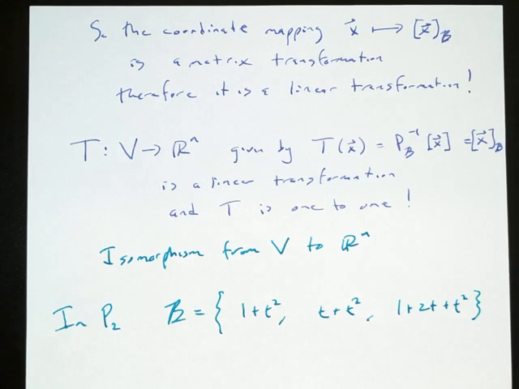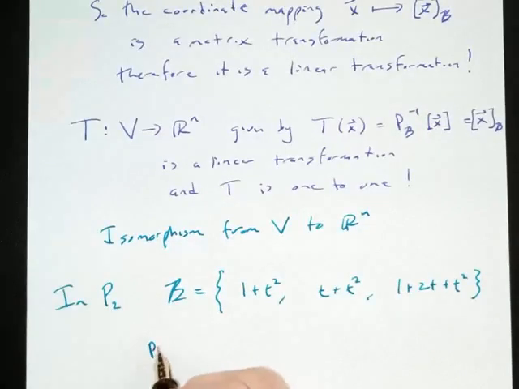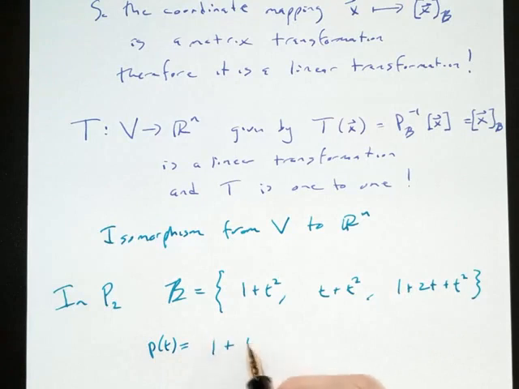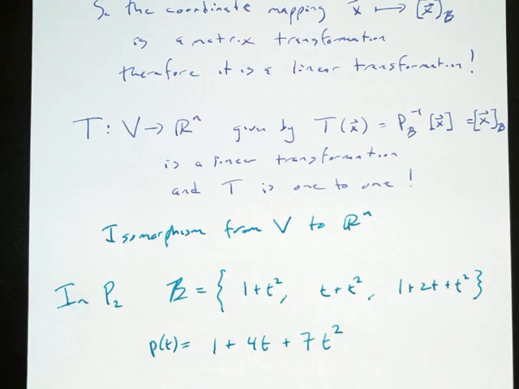Well, then I might say to myself, here's a polynomial, and what I would like to do is find the coordinate vector in terms of that basis, right?